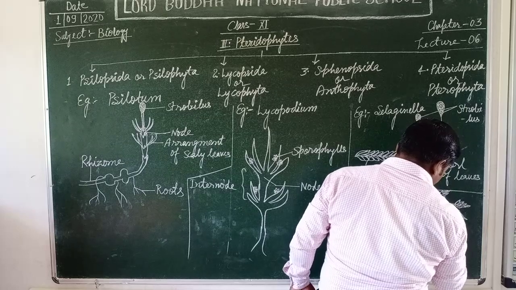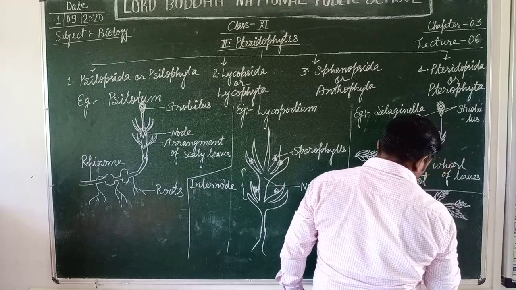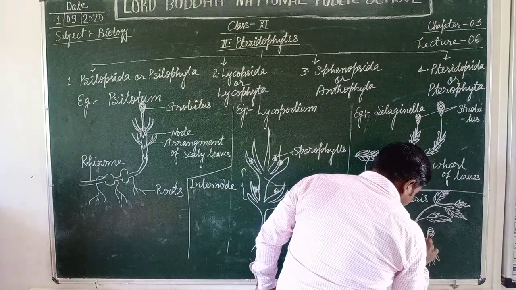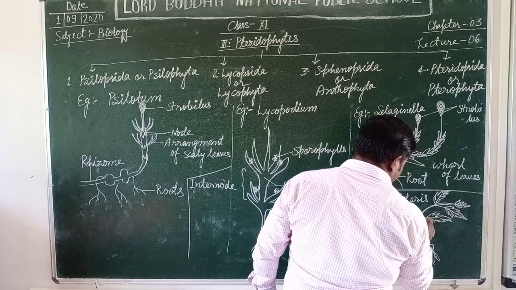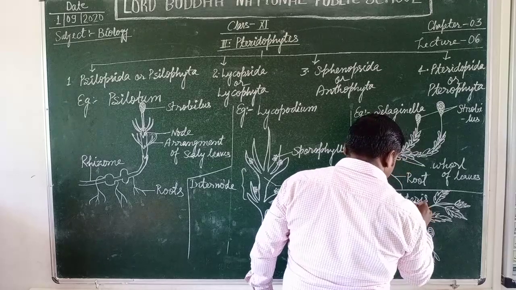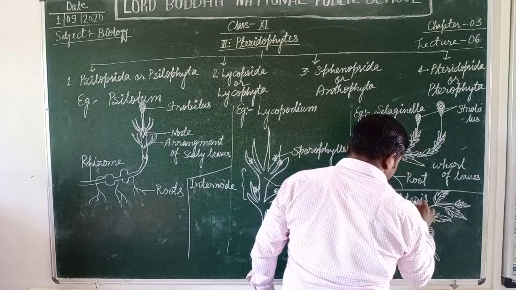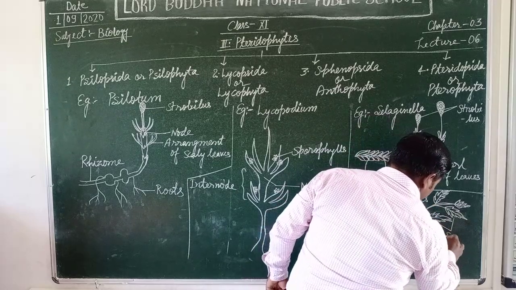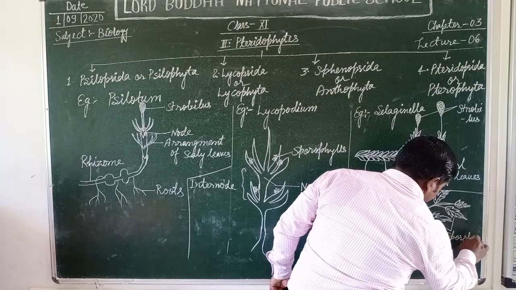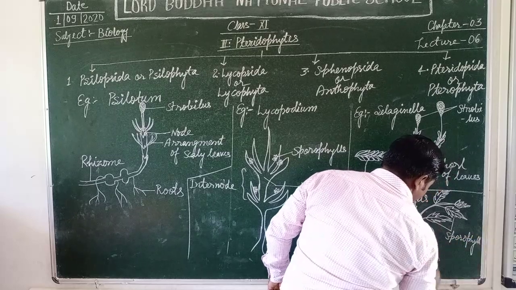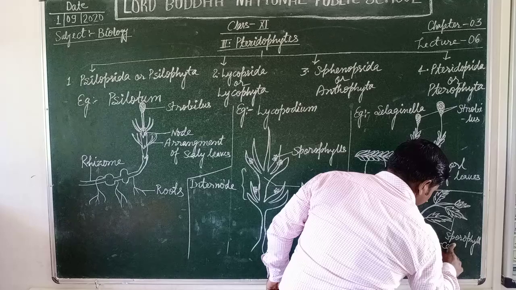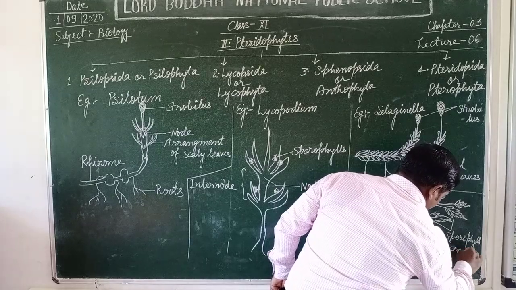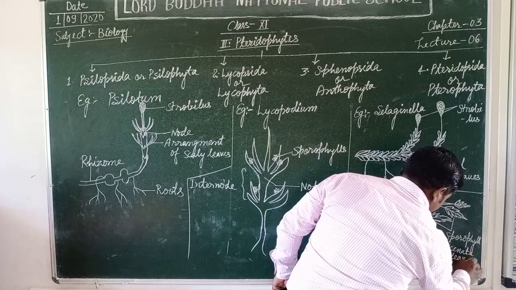These are the sporophylls. A large number of sporophylls are present on the rachis of the Dryopteris plant. Here I only illustrate a few sporophylls. These are the sporophylls. This is pinnate leaves.